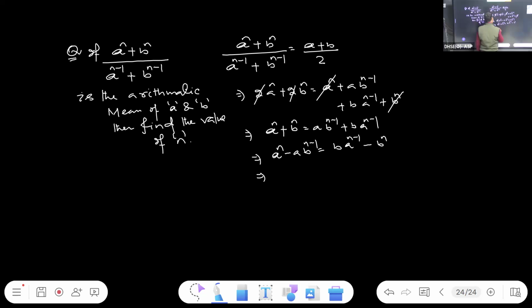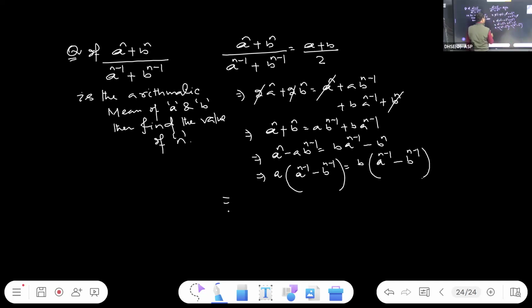If you take A as common, A times A to the power n minus 1 minus B to the power n minus 1 is equal to B times A to the power n minus 1 minus B to the power n minus 1. Okay.